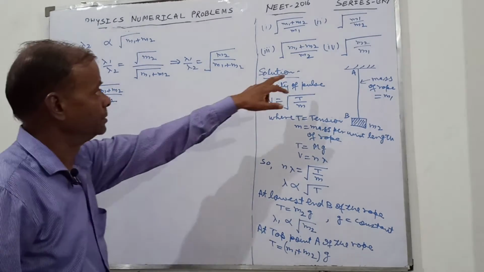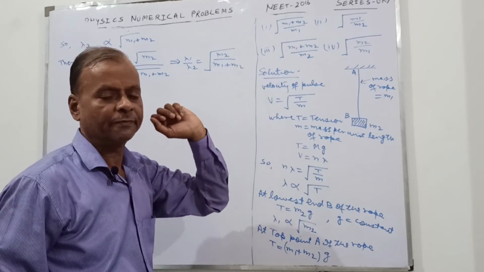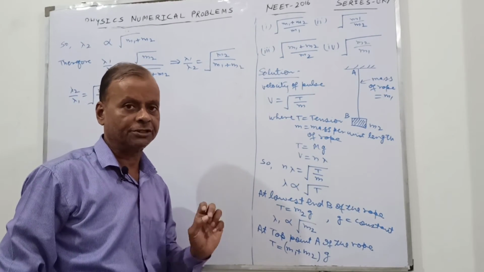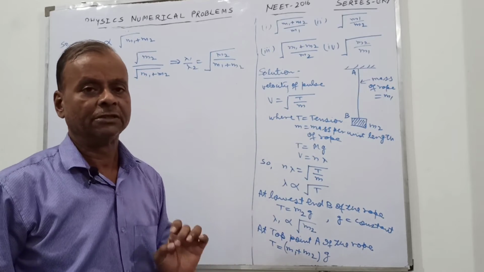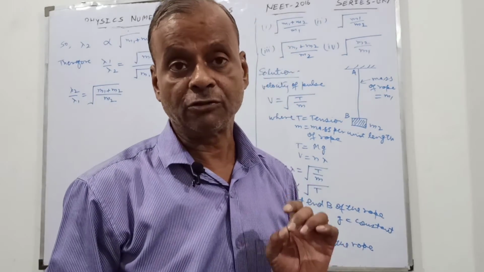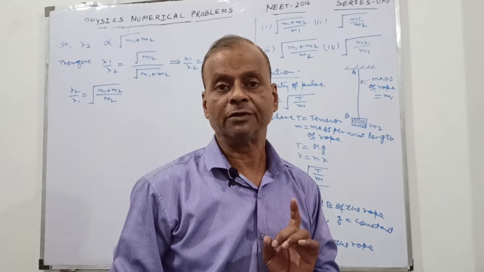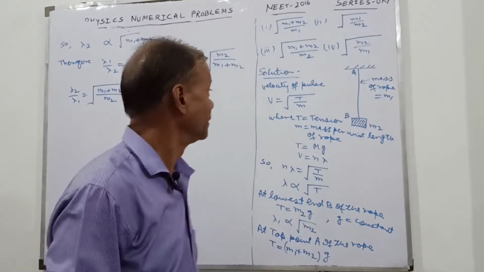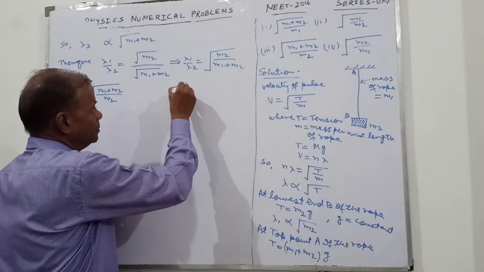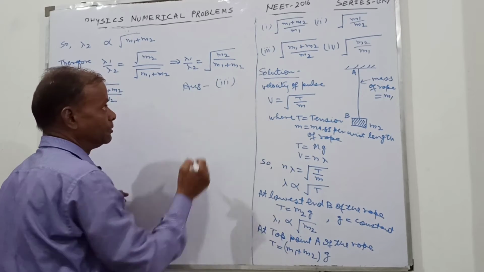So our right choice is the third one. The question must say: what is the ratio lambda 2 upon lambda 1, not lambda 1 upon lambda 2. The right answer is third.